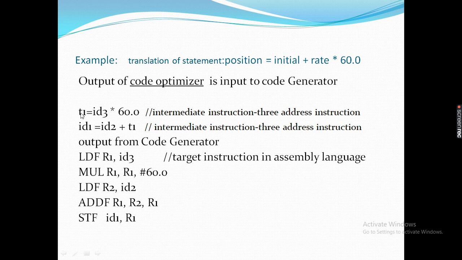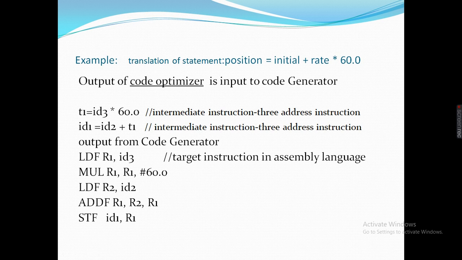These two instructions, the set of intermediate instructions together, we call an intermediate code, or 3 address code.